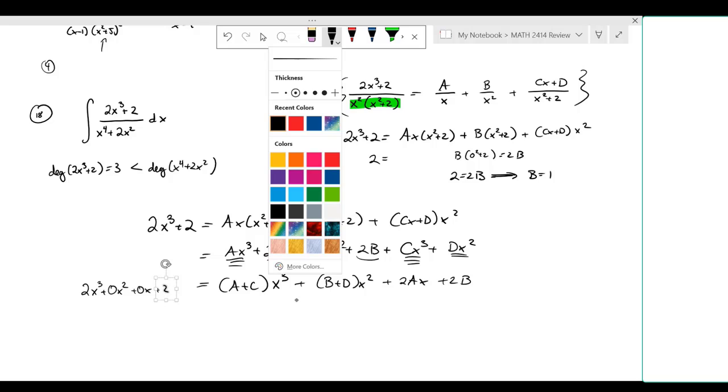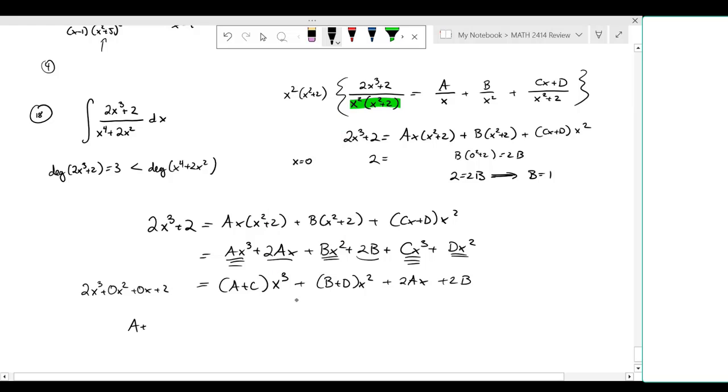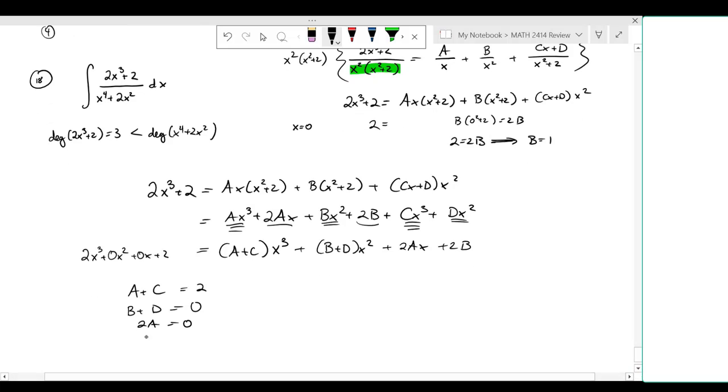So yeah, for these things to be equal, the coefficient for x cubed on either side has to agree. The coefficients for the x squared terms have to agree, and so on. And hopefully, since linear algebra is not a prerequisite here, it should be easy enough to solve in your class, I hope. So we know that a equals 0. And if a is 0, then c has to be equal to 2. Clearly, b is 1, so that d has to be negative 1. Okay.